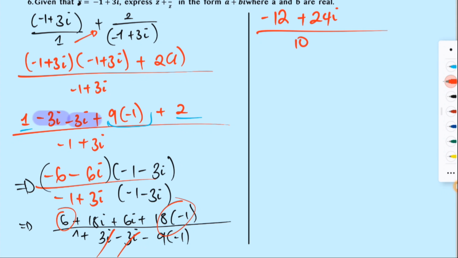And then finally, we can now divide each of the terms by 10, so that we have the real part and the imaginary part. So this will be negative 12 over 10 plus 24i over 10.